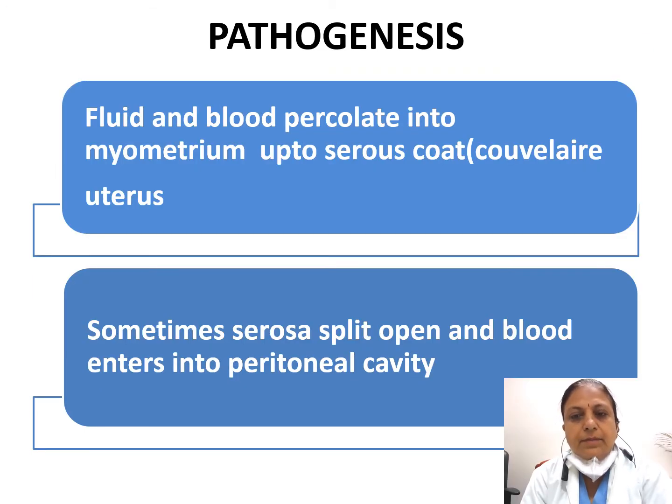Then the blood and the fluid percolates into the myometrium up to the serosal covering, and this gives the picture of Couvelaire uterus. There are port wine-like hemorrhages over the serosal surface of the uterus, and sometimes the serosa even splits open and the blood enters into the peritoneal cavity.